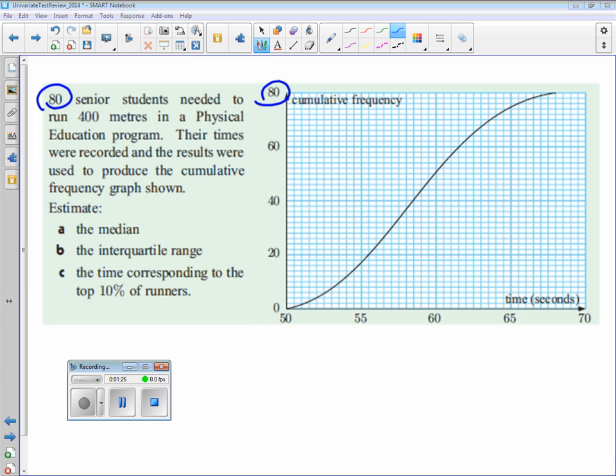So we're looking for the median. Where would the middle number be? 50%, which would correlate to what number here? 40. Half of 80 is 40, right? 50%. All right, so what we're going to do is make this line as thin as possible.